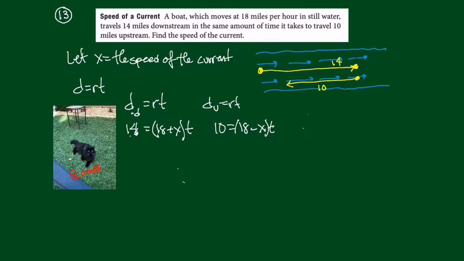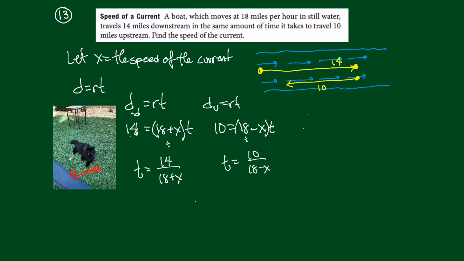Now I'm going to solve both of these equations for t. So I'm going to divide by this, divide by this. So over here, I get t equals 14 over 18 plus x, and over here I get t equals 10 over 18 minus x. And we know from the problem that we travel the 14 miles down and the 10 miles back up in the same amount of time.